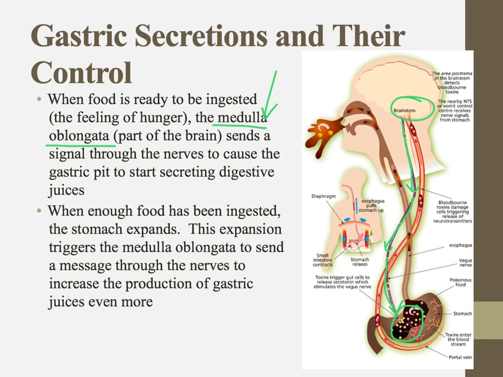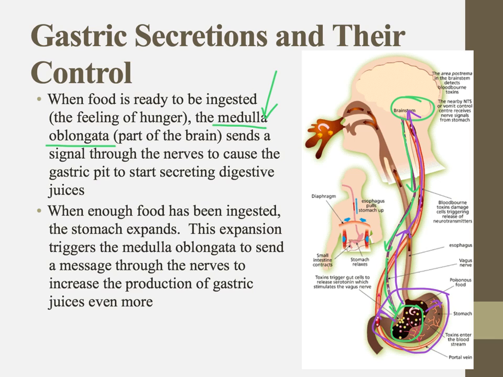Anyways, when enough food has been ingested, what's going to happen is this stomach is going to expand. It's going to get bigger. It's going to get full of food. This extension causes, again, a message to go along the nerve pathway from the stomach to the brain this time. And it tells the medulla oblongata that, hey, I've got food in here.